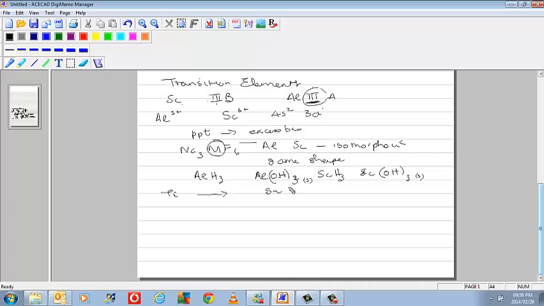If we start with the oxides, the most common oxide of titanium, the well-known white powder, titanium 4 oxide, we also get tin 4 oxide. Same shape, same form, isostructural, and both of them will turn yellow on heating.